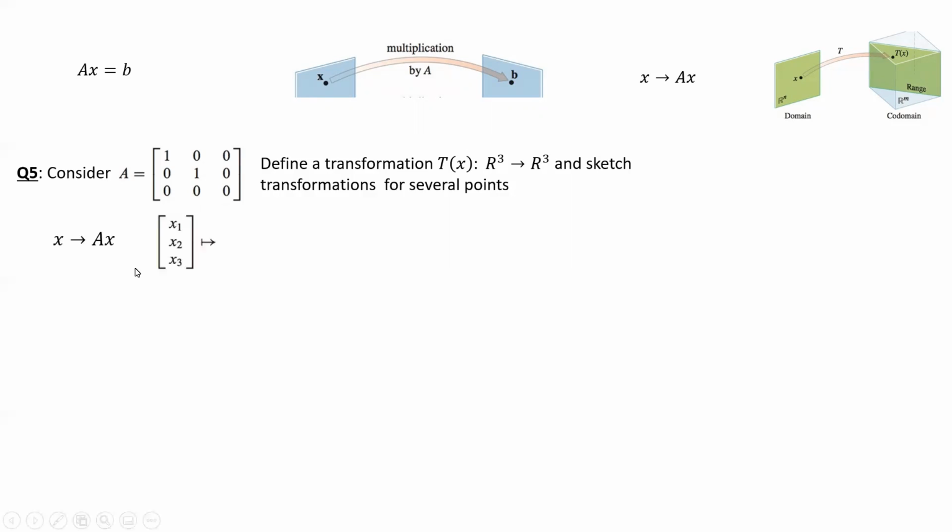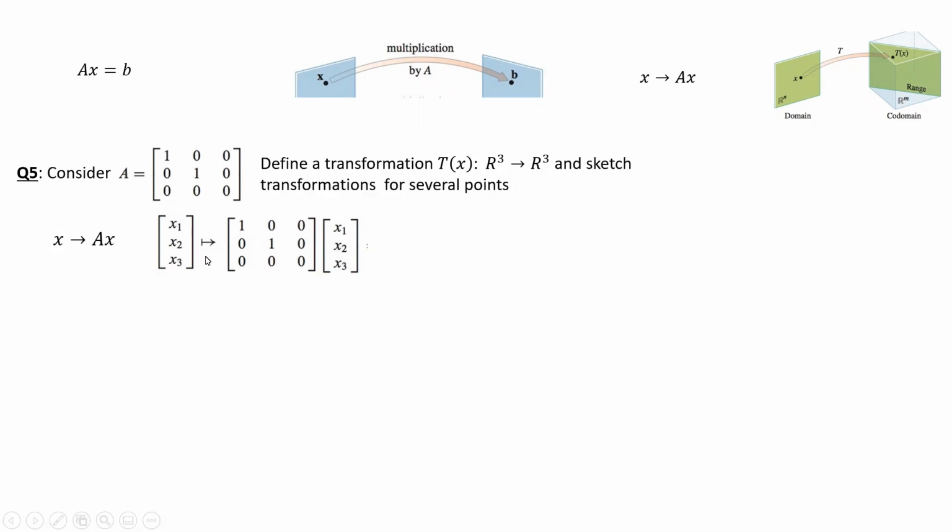So again, we start by writing down our vector X using 3 arbitrary components, X1, X2, and X3. And we know that we can just find the image by multiplying matrix A by vector X. So we will use the rules for multiplication of matrices and vectors.